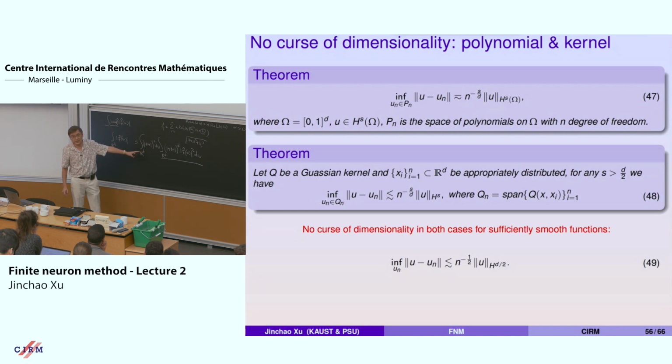s has to be sufficiently large, and in general you get d over 2. Of course, this looks harmless, and you don't need that many derivatives, but it's the L1 norm.